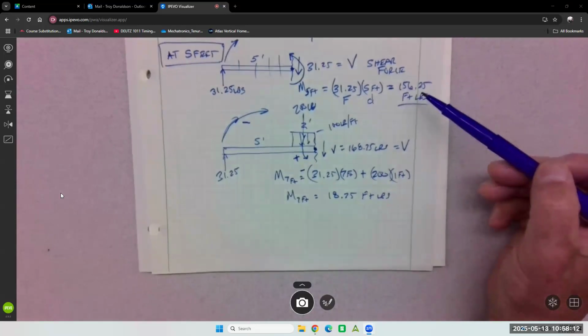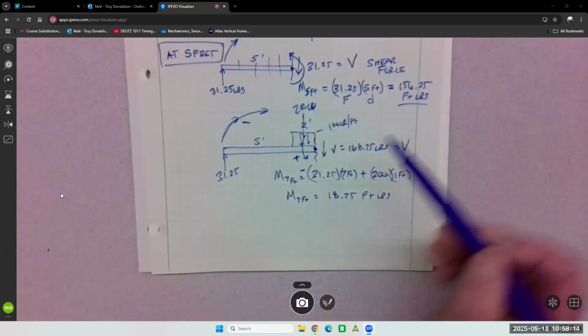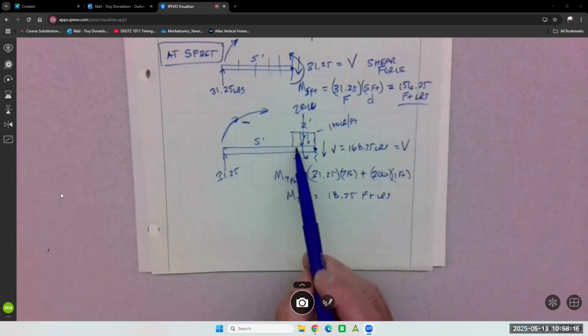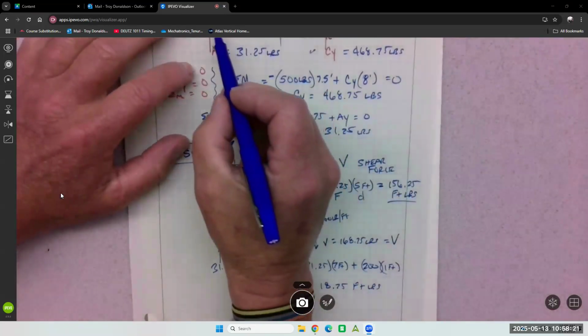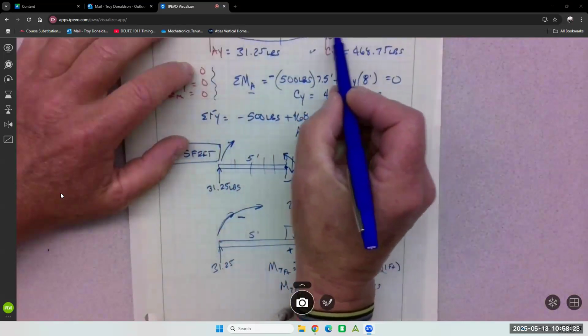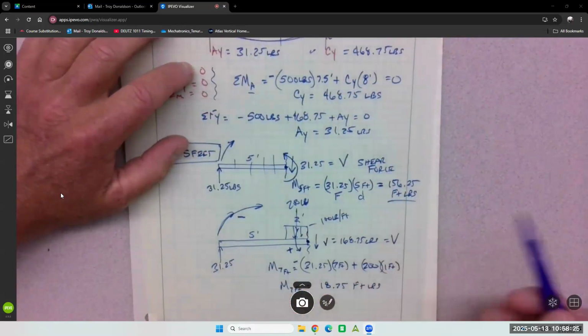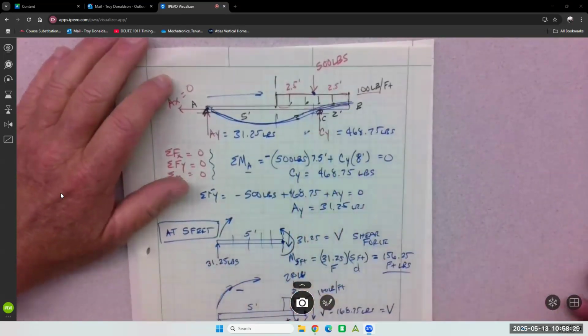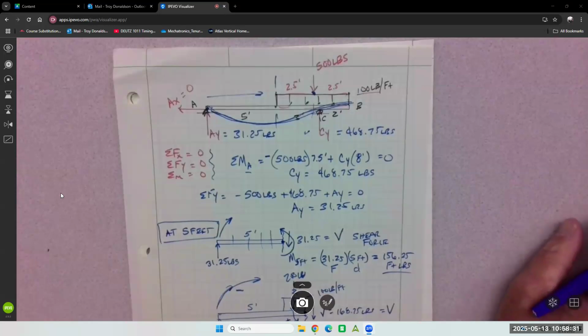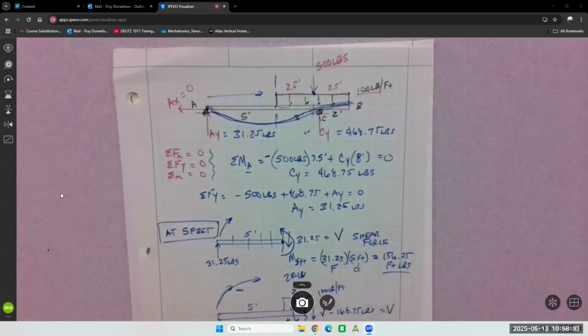So this moment thing is actually getting kind of better as we move across. It's getting less. And that's because this deflection happens like this, right? We can't see it, but the deflection of the beam looks something like that. Where that deflection is max is where your maximum bending stress is.